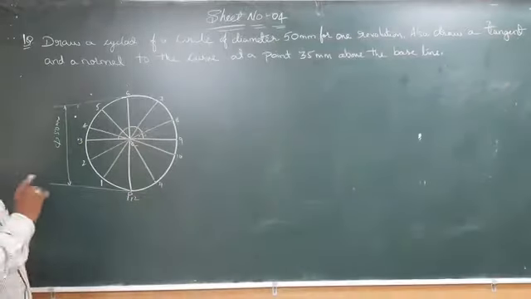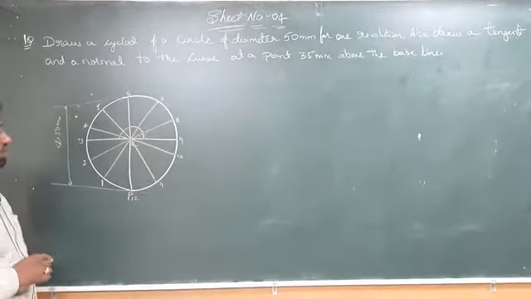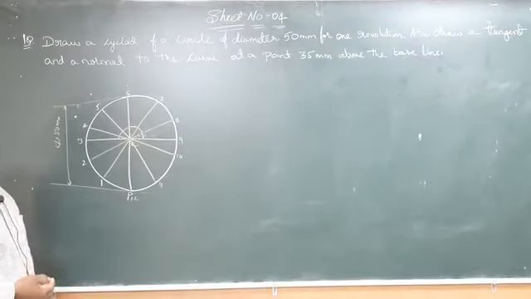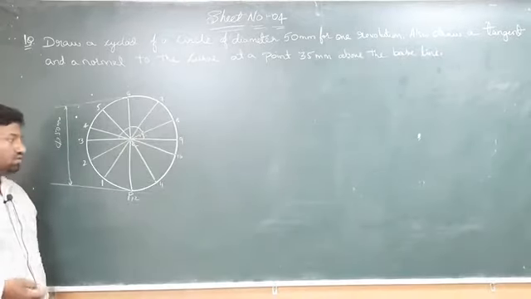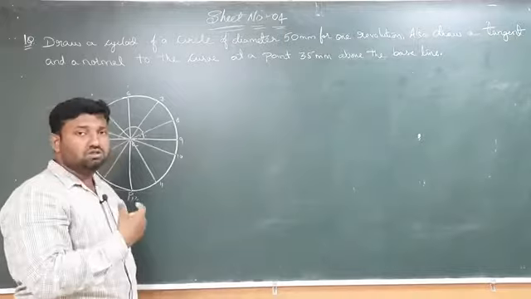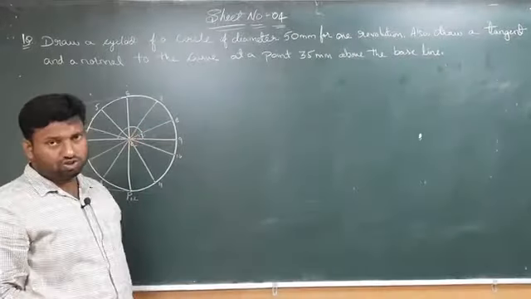After dividing the circle into 12 equal divisions, we have to calculate the circumference of this circle, because in the question we have to draw the cycloid for one complete revolution.